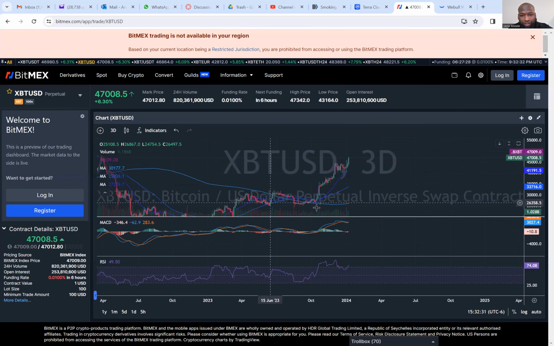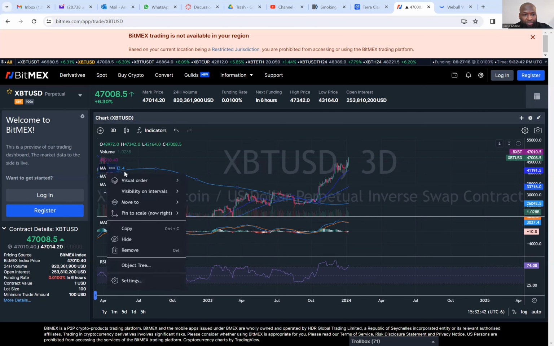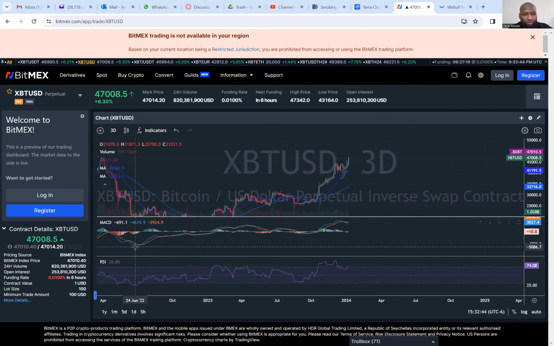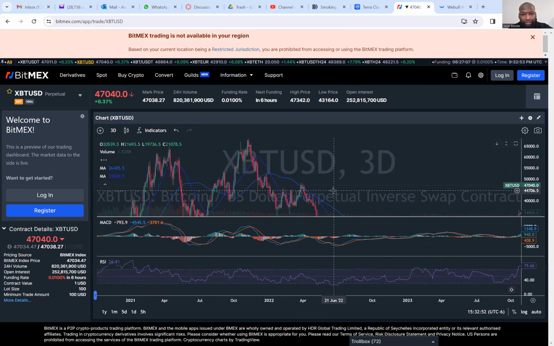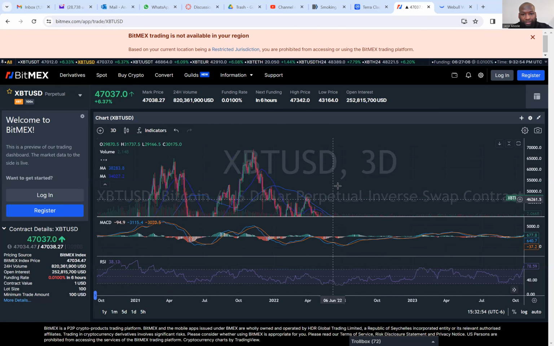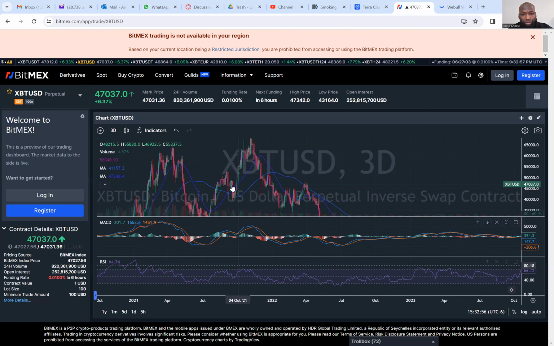And sometimes you don't want to clutter yourself with so many indicators. If you have so many of these indicators and you feel like it's making a mess, you can just delete them, right? So let's see here. It says remove. So it looks better. So now we can look at each pattern and we can remove this one because it's not allowing us to see the whole screen, right?